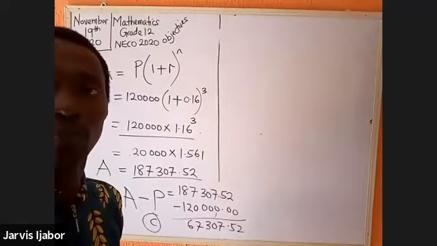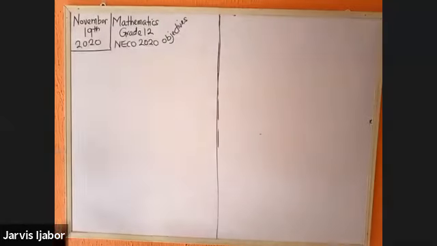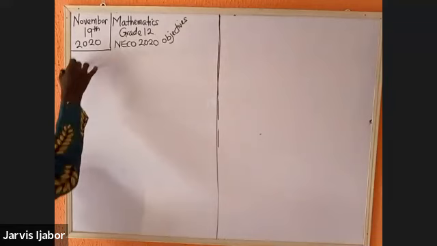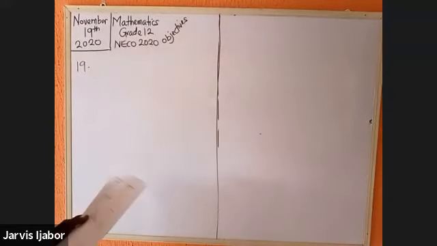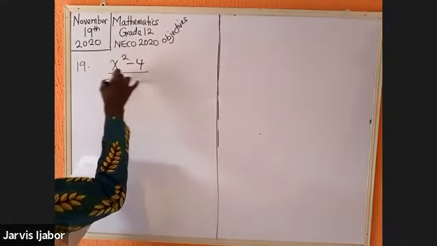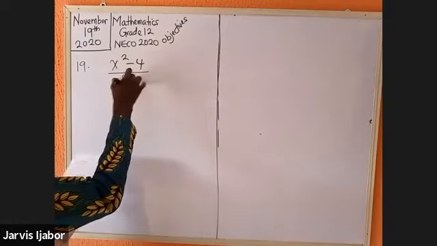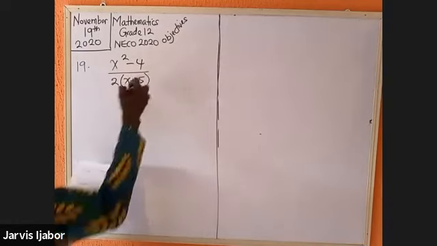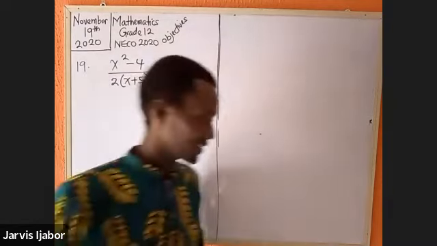Okay, so now we go to question 19. Question 19 says, find the value of x for which x squared minus 4 over 2 into x plus 5 is undefined.